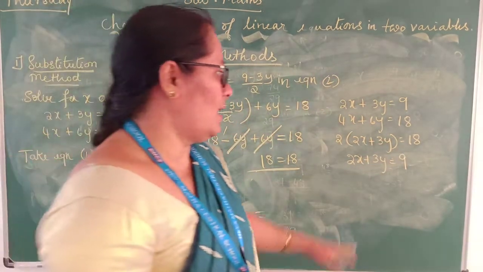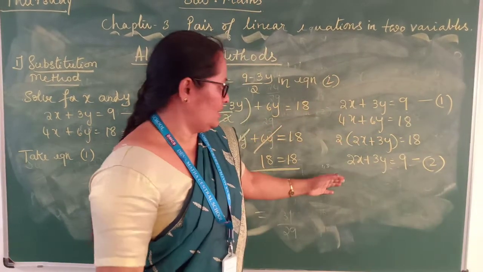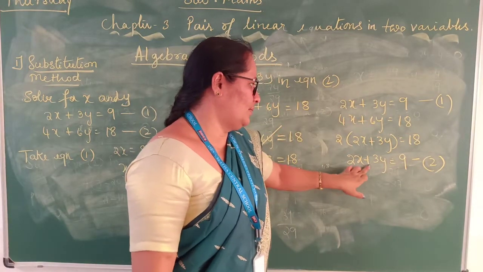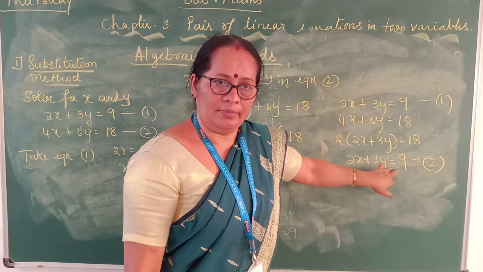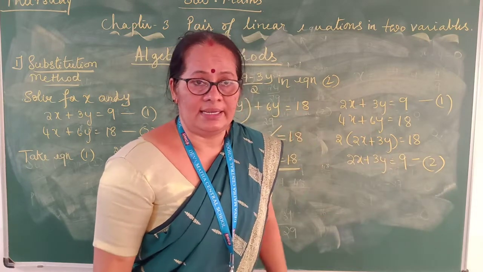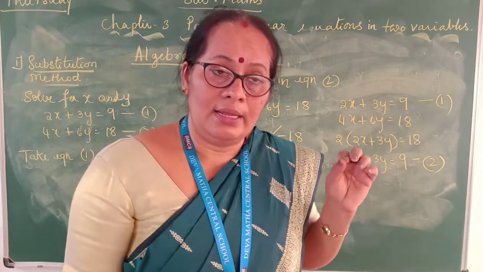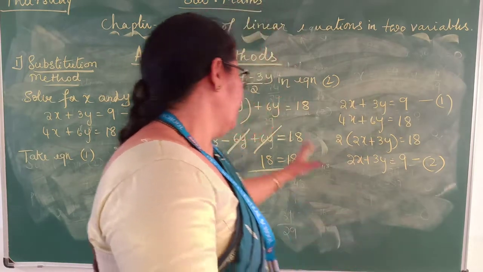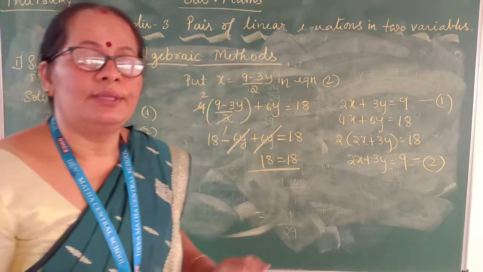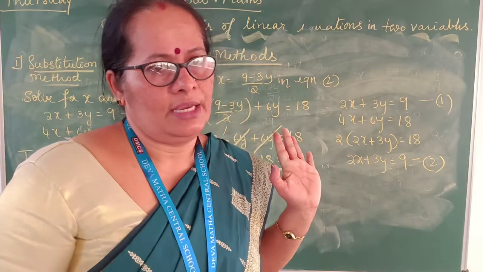Both the equations are the same, one and the same. You know that they are coincident lines and they have many solutions. So this pair of linear equations has many solutions. Each and every point is a solution of the equation.